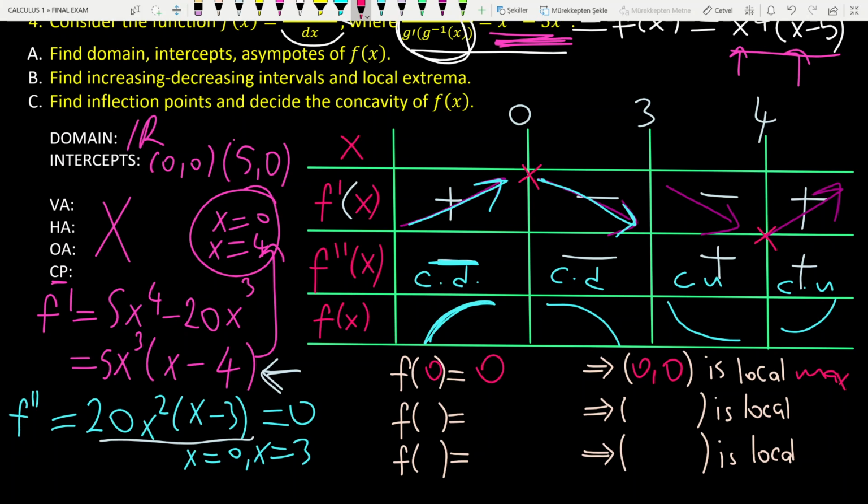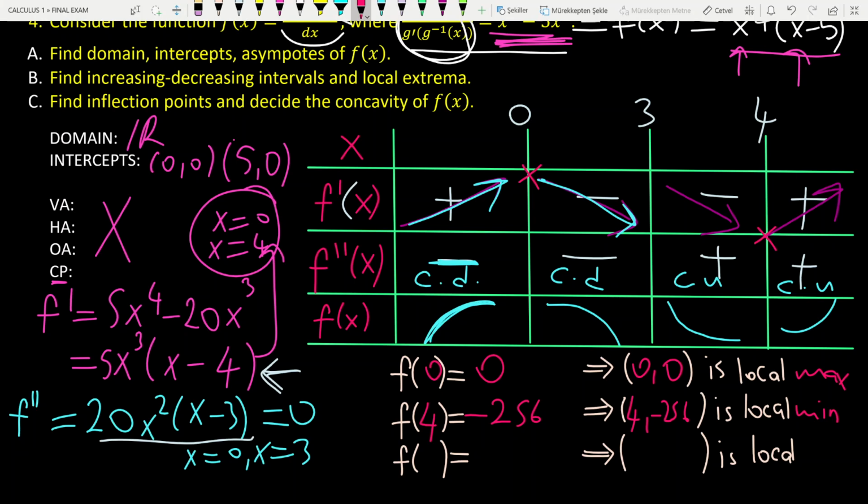Okay. f of 4 is equal to minus 256. So this is why this point is the local minimum point.